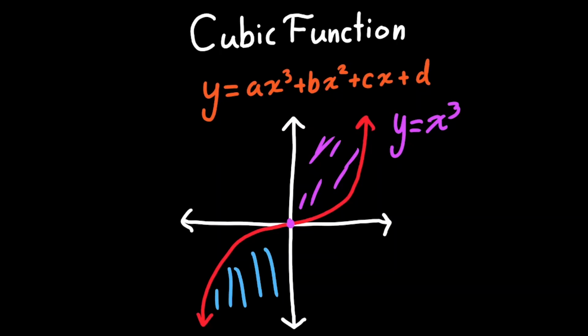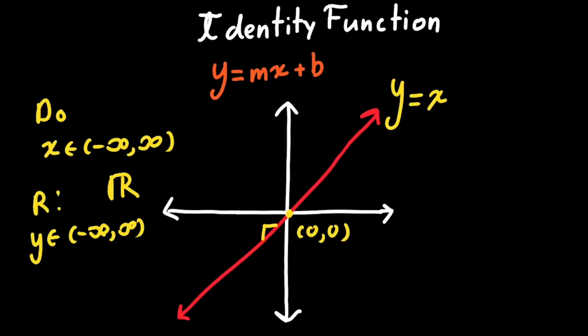As for the domain and range of the cubic function, since it extends infinitely down and upwards, no matter the variables that you choose to plug in for a, b, c, and d, it is very simple and it is actually very alike to the identity function. You can see over here.